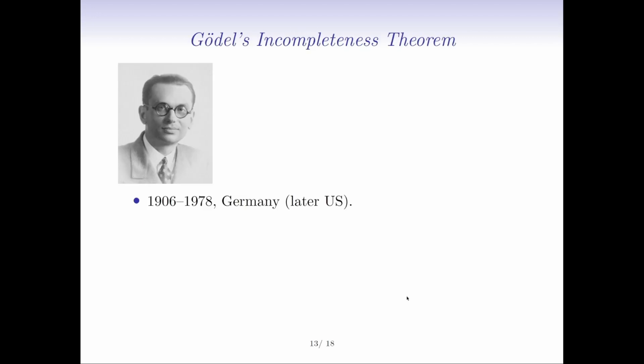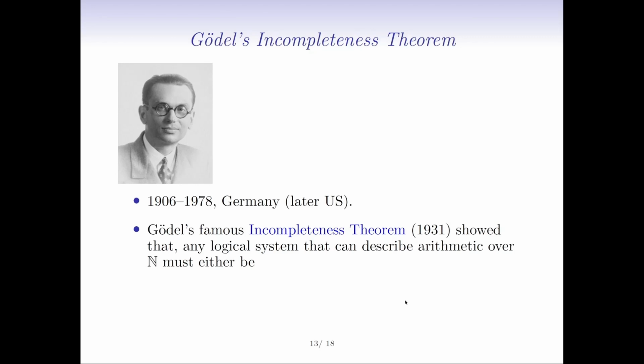So here we have Kurt Gödel, author of the Gödel completeness theorem, and then more famously his incompleteness theorem. His incompleteness theorem showed that any logical system which is powerful enough to at least include standard arithmetic over the natural numbers, and by standard arithmetic I really mean it should include addition and multiplication and the principle of induction over numbers, just those basic things.